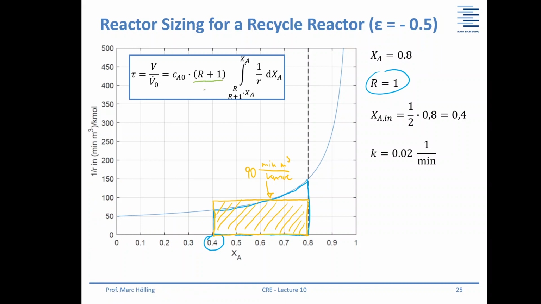This is 2, so here you just have to double your rectangle, and this means your total area, or your total residence time divided by the concentration, should be this rectangle.